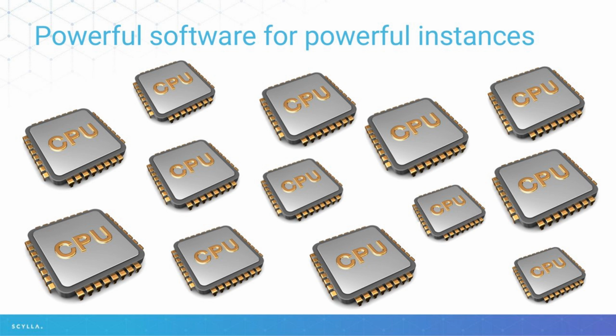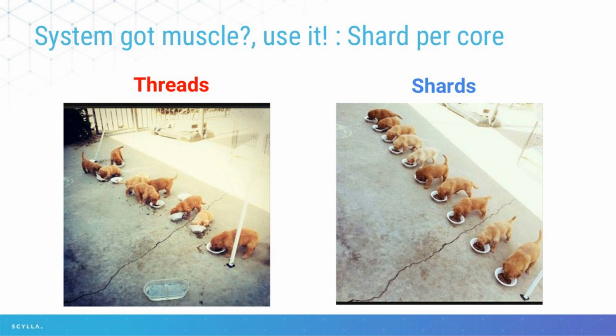There are huge benefits of using such a powerful machine with Scylla, since Scylla can take advantage of all those cores and create what we call a shard per core. Every core will take a chunk of your data and be responsible for that specific chunk, providing the most performant solution for both queries and responding to requests to the database.